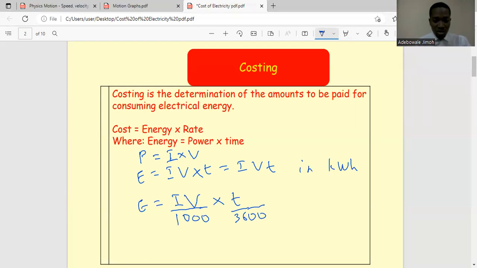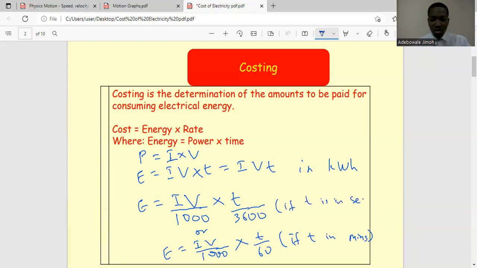Let me express that here. Energy is current times voltage divided by 1000, so this converts our power from watts to kilowatts, then multiply by T divided by 60. This will be done if T is in minutes, and this will be done if your time T is in seconds.